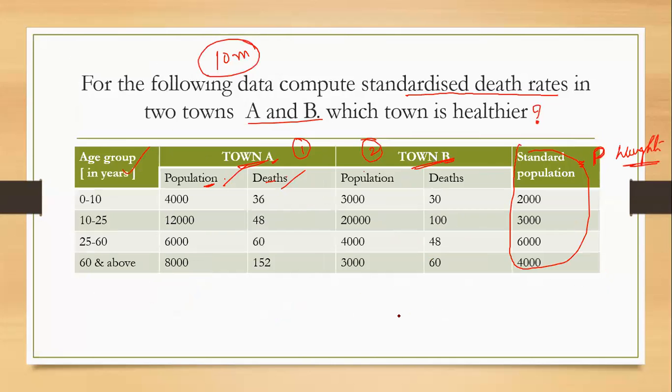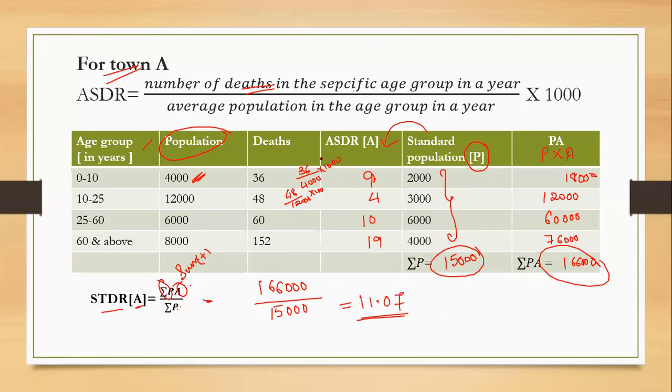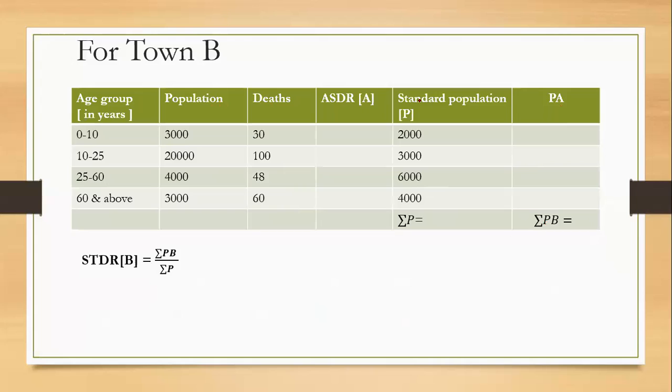Now they have given us town B. Similar to how you calculated A, for the same table, just with the information changed. Similarly, write your age group and population.